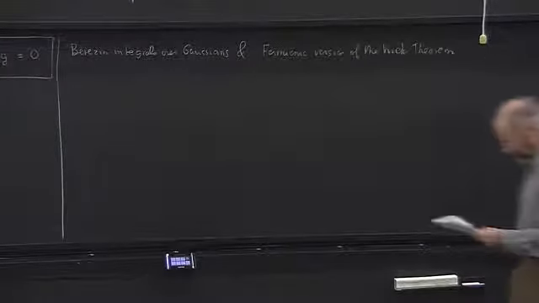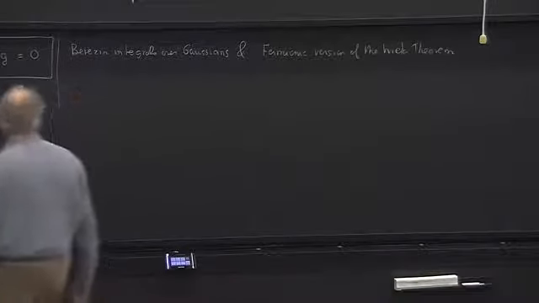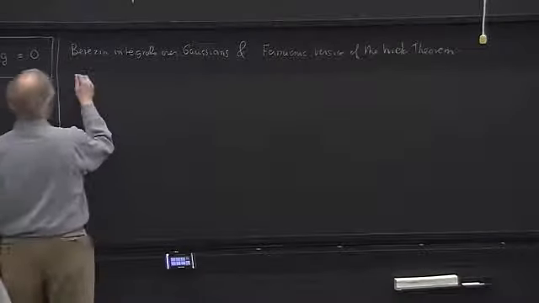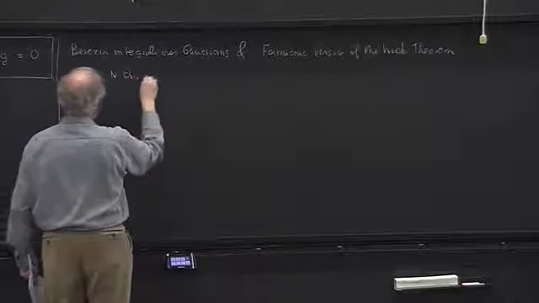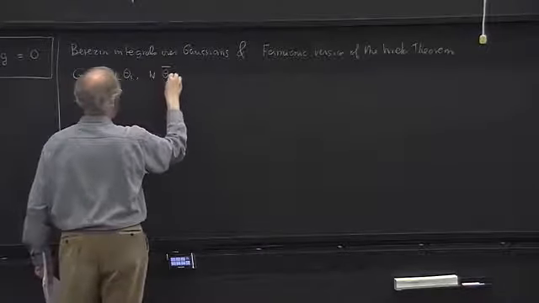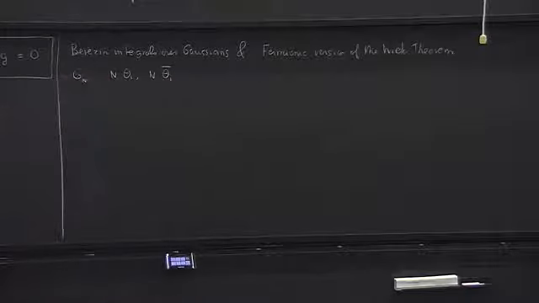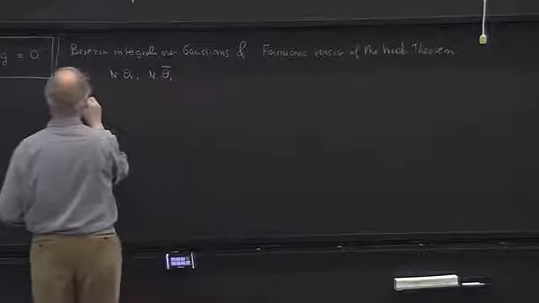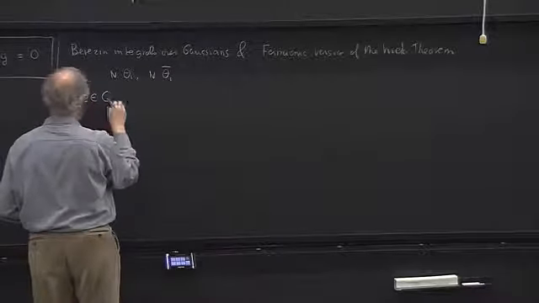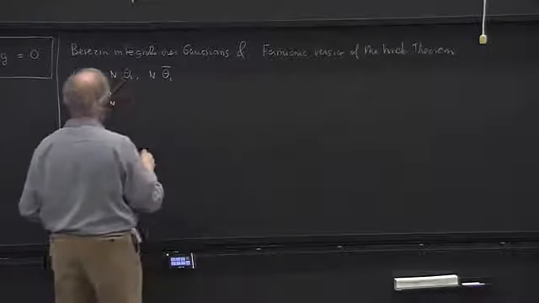So now, let me consider in this algebra Gn, where I have n theta i's and n theta bar i's, the following element of the algebra, which is just the exponential of a quadratic form.